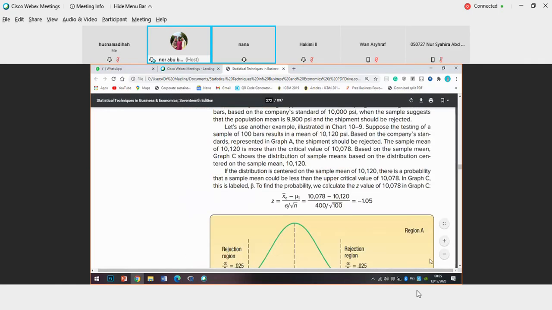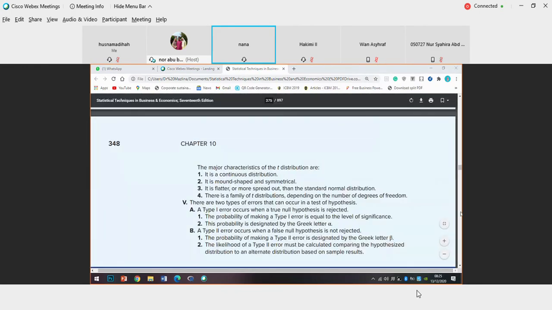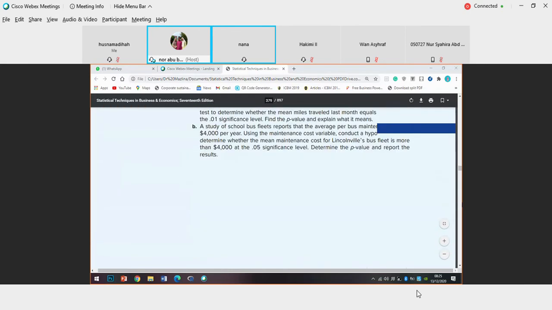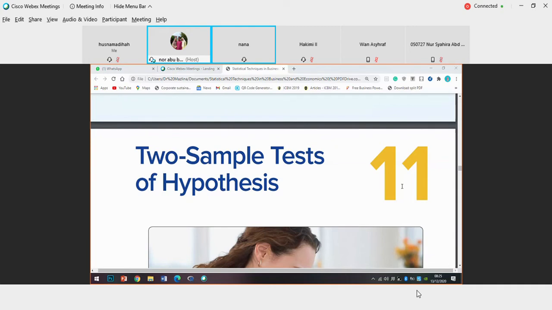Madam nak tanya, kalau Nana, dia lies on rejection region untuk yang dia punya level of significance 0.01, maksudnya dia akan kira macam 1% lah. Kiranya kalau dia lies on rejection region means dia punya jawapan tu negatif lah kan?